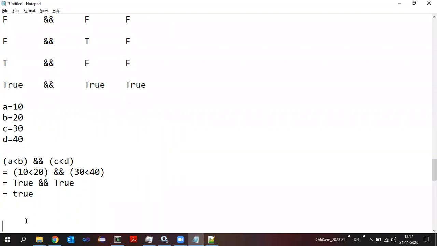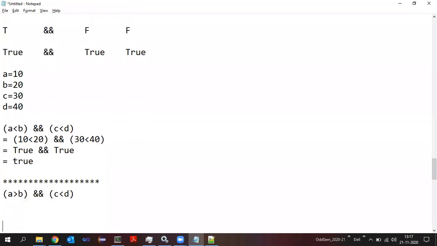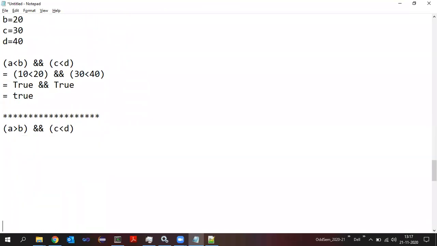Okay, now let us check this way. Let me have A greater than B and C less than D. This is the second example. Now see here, let me show the values.